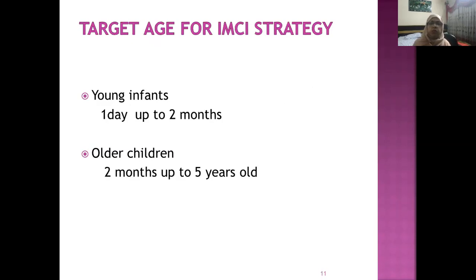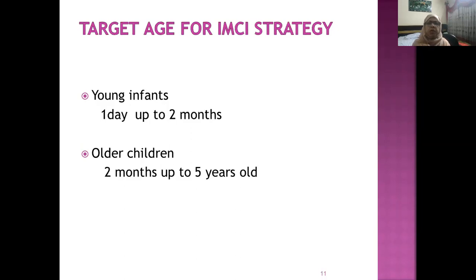But this age group is divided again into 2 subgroups. From day 1 up to 2 months is one group. The other group is from 2 months up to 5 years. In IMCI, these 2 age groups are important, and disease management and disease pattern are different in these 2 groups.